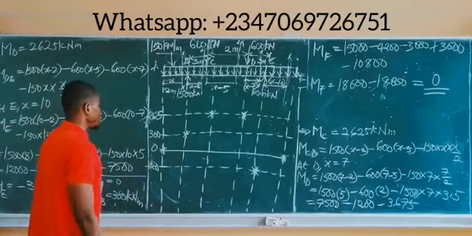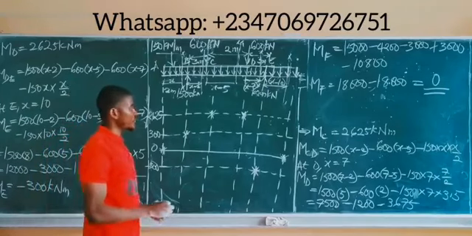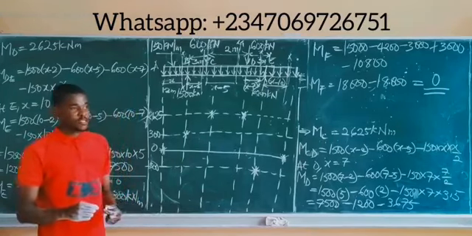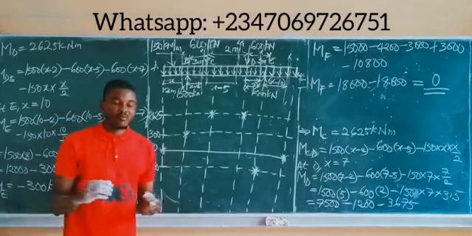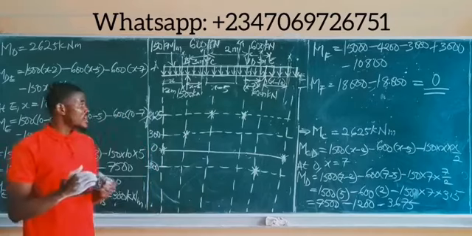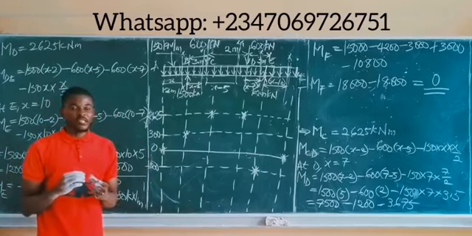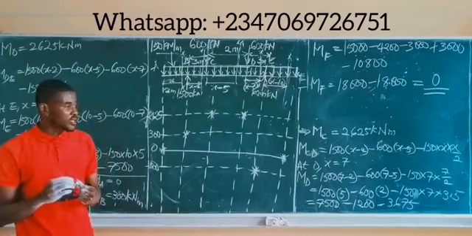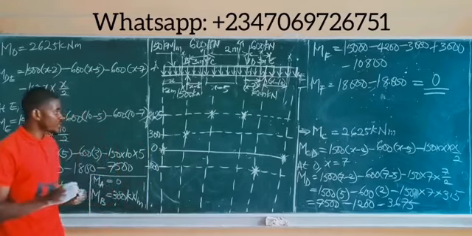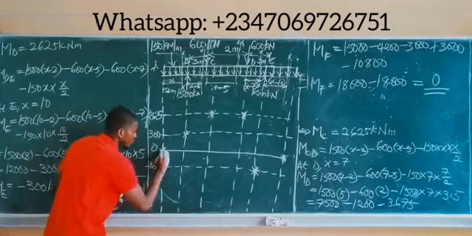Okay. So, like I said from the introduction video in Shear Force and Bending Moment analysis, please do well to watch all the Shear Force and Bending Moment series for proper understanding. I said the moment diagram for a UDL is simply what? A curve. So we simply join this with a curve.